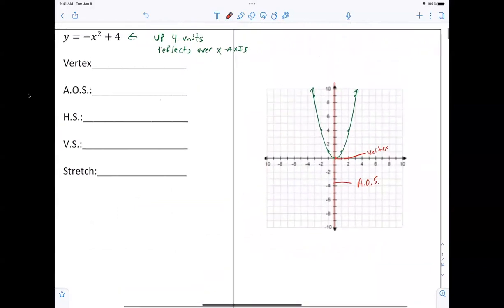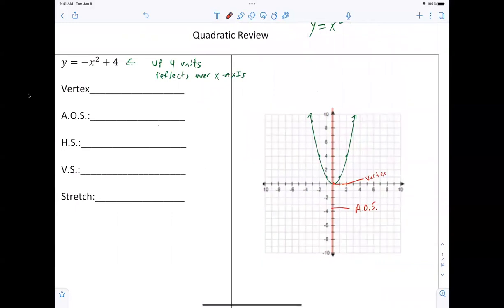Now recall this format: y equals a(x minus h) squared plus k. My pen is really acting up. Sorry, guys.